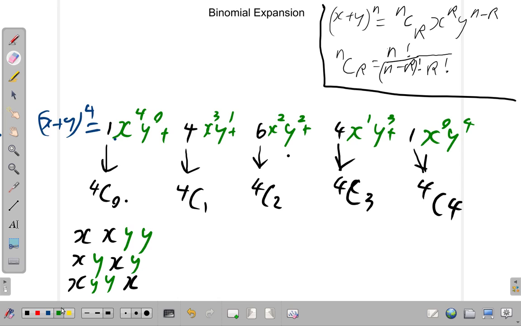Alright. Let's start with y now and end with x. If we start with a y, yx, we have yx. Then we have y, and then x again, 2 y's and 2 x's. Now we start with a y and a y. Then we have an x and an x.